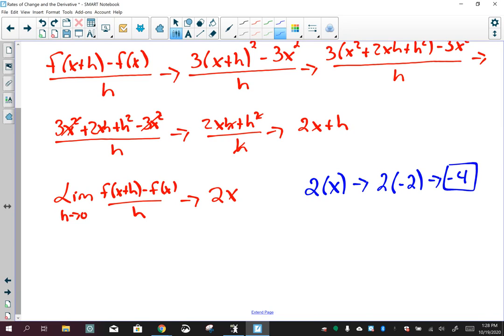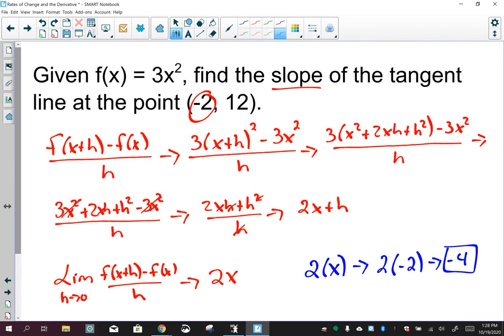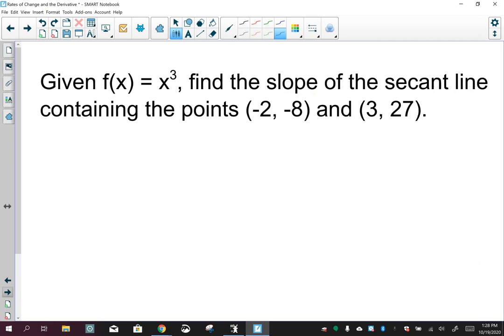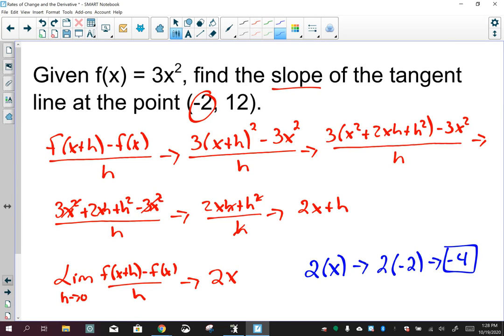So my slope at negative 2, 12 on this graph here is negative 4. Okay, so that's what this means. All right. And then if it asks you again for the equation, because it only asks you for the slope, there's your slope. There's your point. Use point slope form and find that equation.